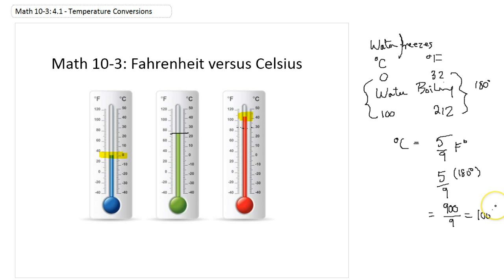So we can do temperature differences just by this ratio, by saying we know that the Celsius degree is larger, and it's almost twice as large, but not quite. In fact, it's 9/5. So if we look at it the other way, 1 Fahrenheit degree is 5/9 Celsius degrees.